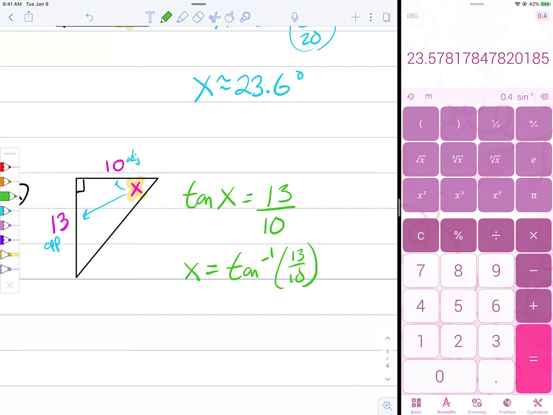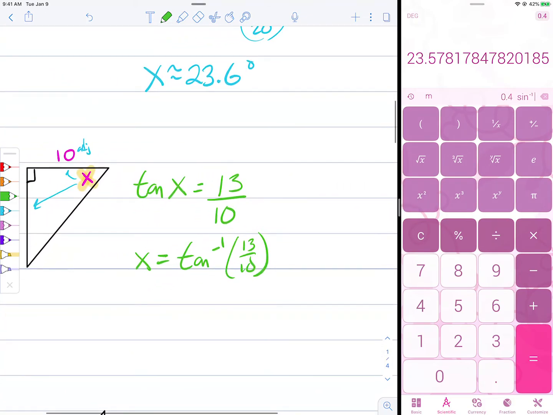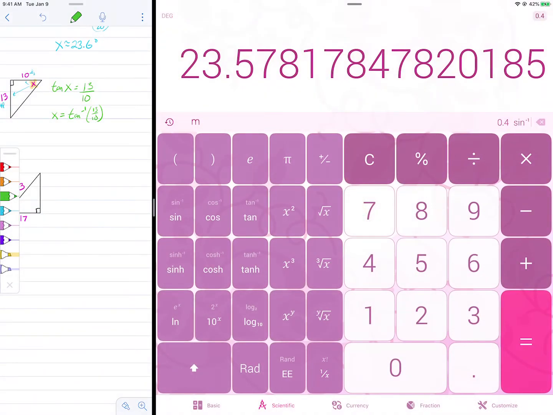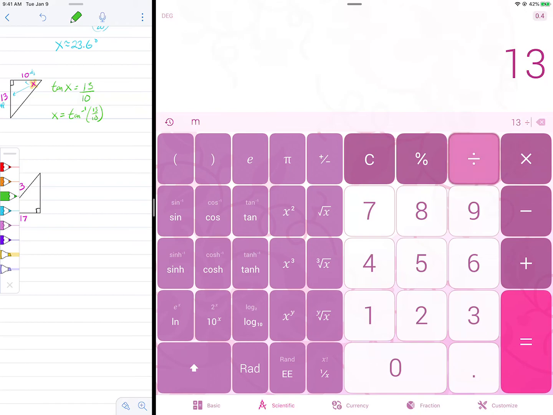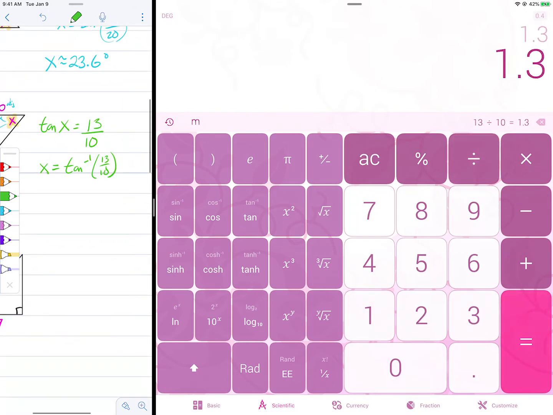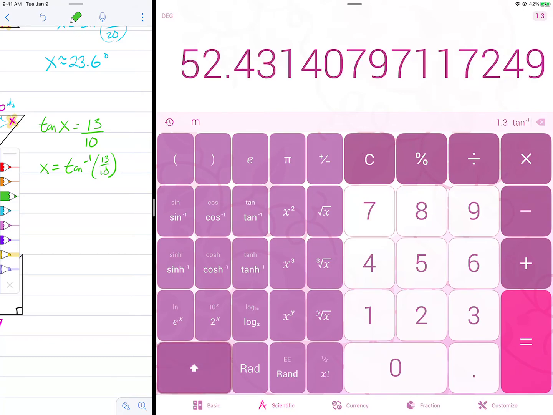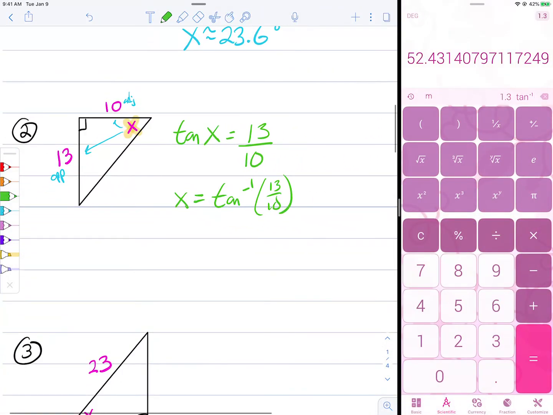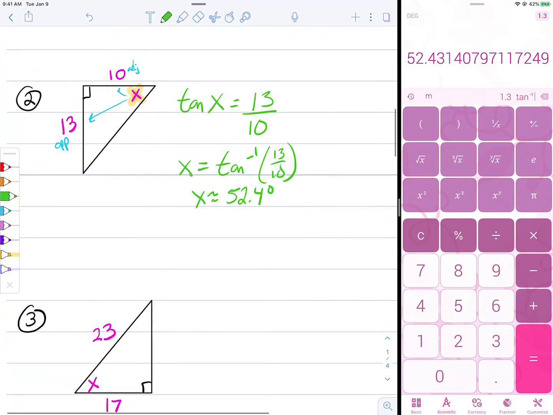I'm going to put into my calculator first 13 divided by 10, and hit equals just so my decimal's in there. Then I'm going to hit my inverse tangent, and I get about 52.4 degrees. So that means my missing angle here is about 52.4 degrees.